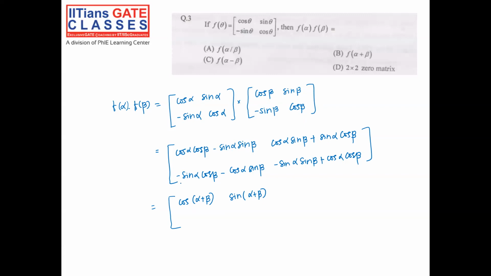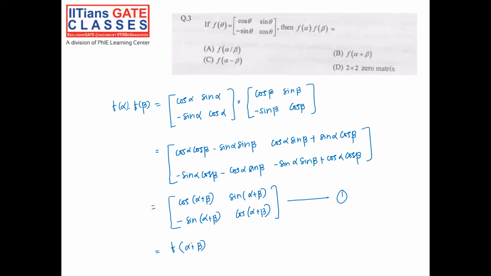And from the third term, we can take minus common, and then again we'll end up with sine alpha cos beta plus cos alpha sin beta. So it can be written as minus sine of alpha plus beta, and the last term will be again cos of alpha plus beta, so it is cos A cos B minus sin A sin B. So we can clearly see, if we compare this equation number 1 with the question, we will realize that we are actually getting the value of f of alpha plus beta.